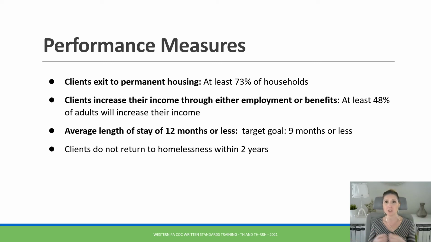But if someone is on Social Security, let's say, and they continue to stay on Social Security, what happens is many times the case manager does not go back into HMIS and adjust for the bumps. So whenever there is some kind of bump in a benefit, that should be reflected in HMIS. But again, please be sure to do that during annual assessments and exit assessments, because those are the ones that count for this.